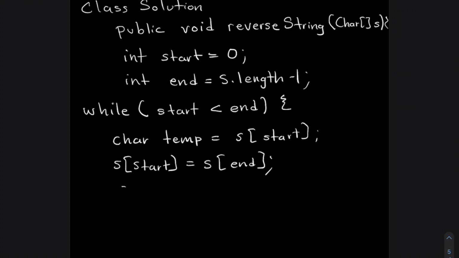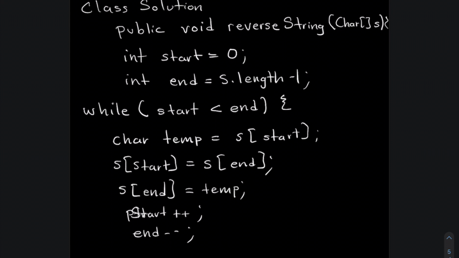The only thing left to do now is put the temp thing that we stored at the end position. And at the end of this, we're just moving our start pointer forward to the right, and we're moving our end pointer to the left, so we're decrementing that. That's basically what the code looks like.